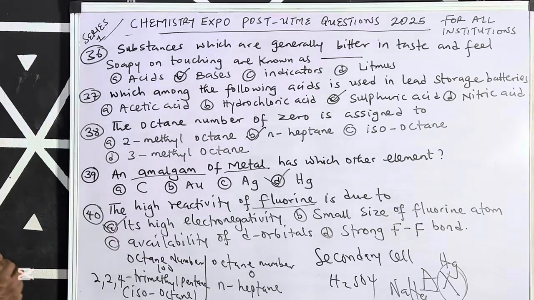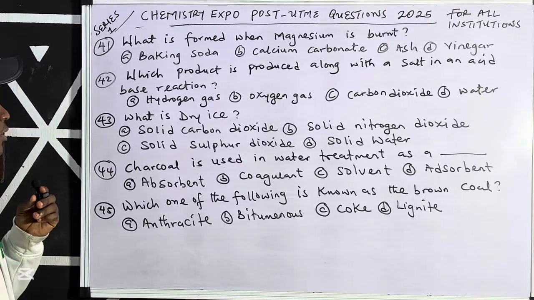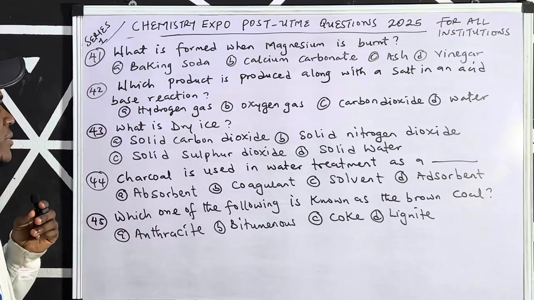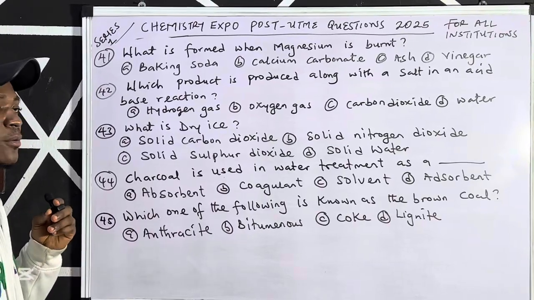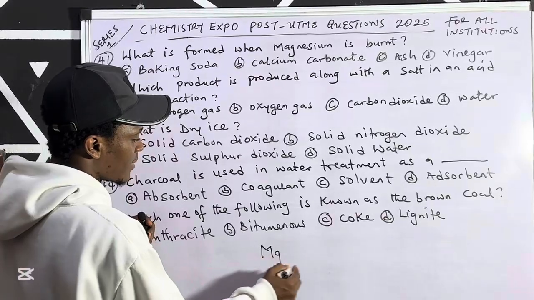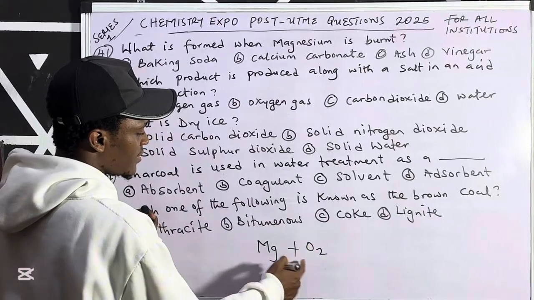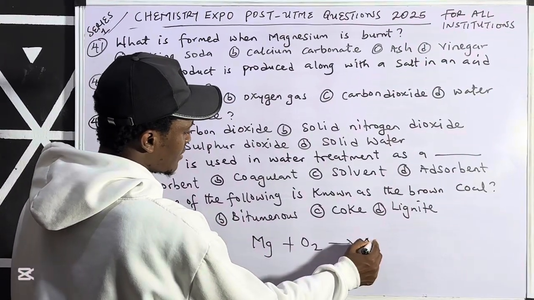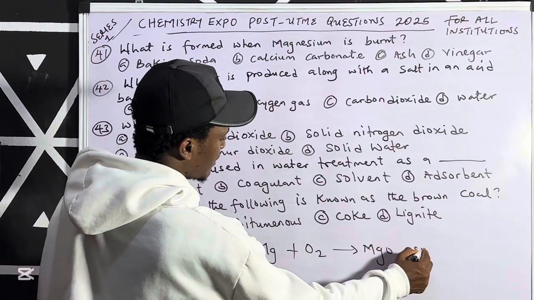So let's see the next question. Question 41. What is formed when magnesium is burnt? Now, when you burn magnesium, what do you obtain? Mg is the symbol of magnesium. Burning it in oxygen, you obtain magnesium oxide with the release of energy.